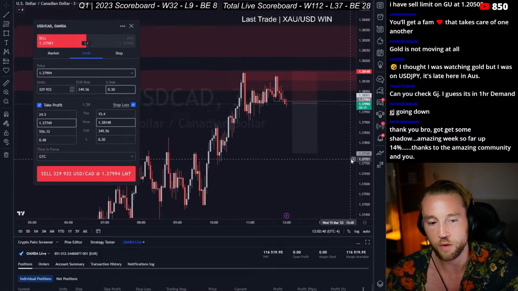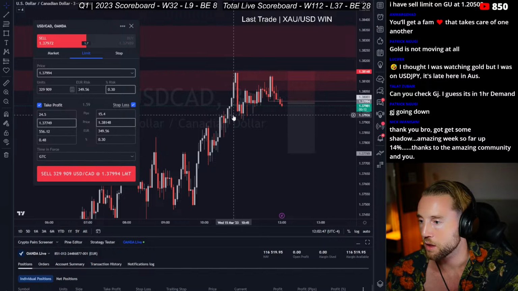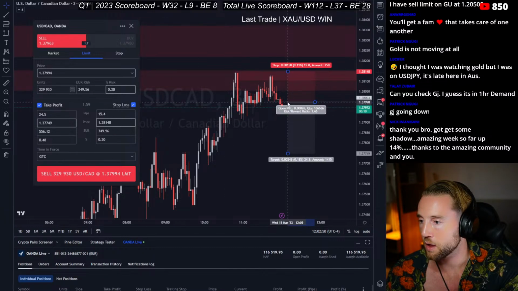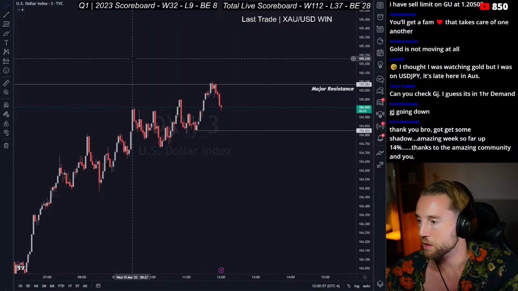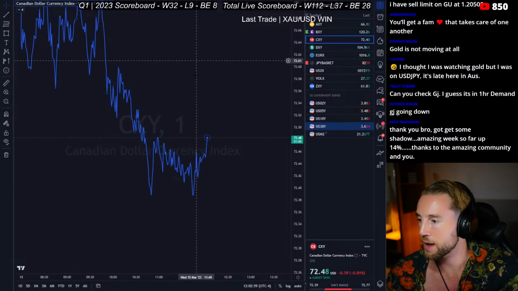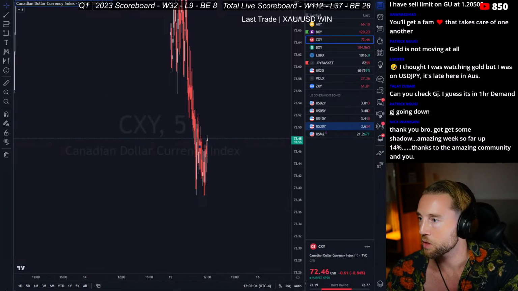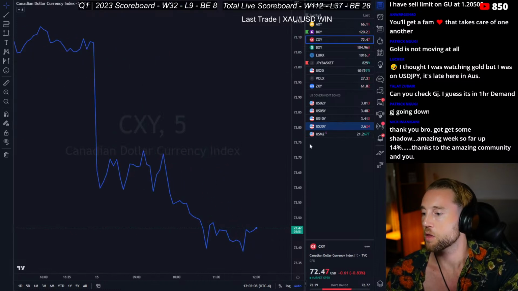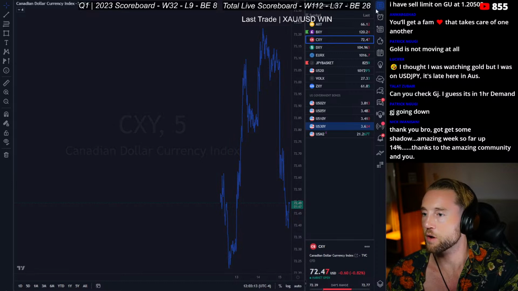Yeah, GU and US dollar Canadian dollar. I like the US dollar Canadian. I like the liquidity that's built up underneath here. Canadian dollar making moves, trying to push. If you zoom out here, you understand where we come from.